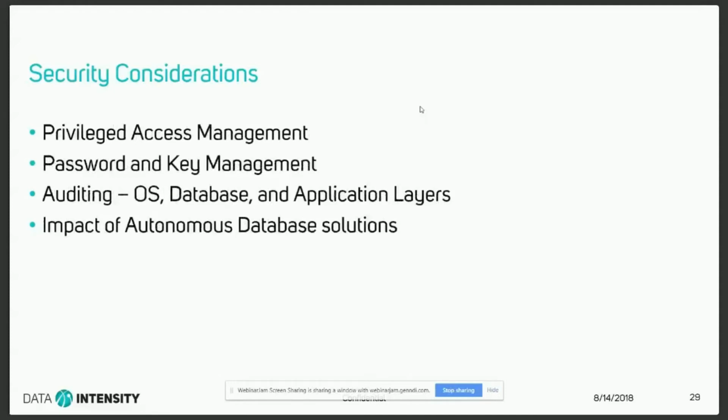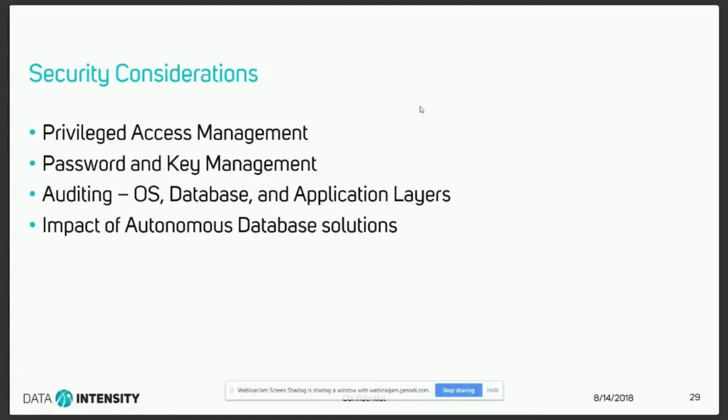Some other things to think about that aren't necessarily directly related to OCI, but that most customers are thinking about right now, things like privileged access management. One of the biggest threats today is insider access to data. So protecting your data from your DBAs or from your functional analysts. Making sure that you have mechanisms in place to both prevent data access as well as audit data access.